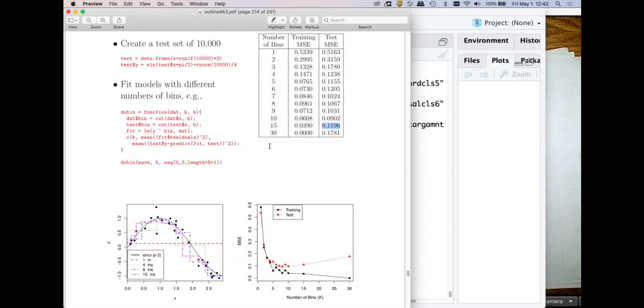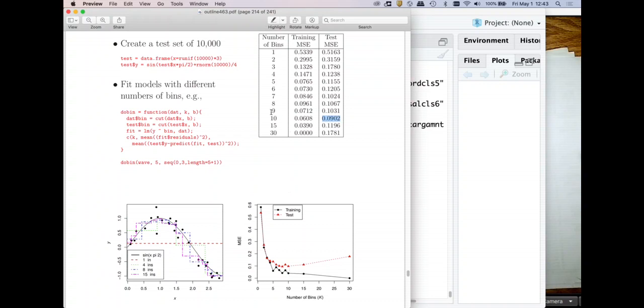So let's reduce it further. 10 is the next number that divides 30 evenly, and our training error has increased a bit. It's kind of doubled in size, but the test error has actually gotten better. So we've gone from this triangle to this next triangle, which is a bit lower with 10 bins.